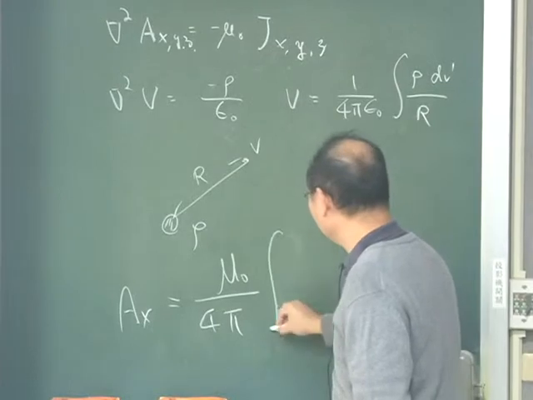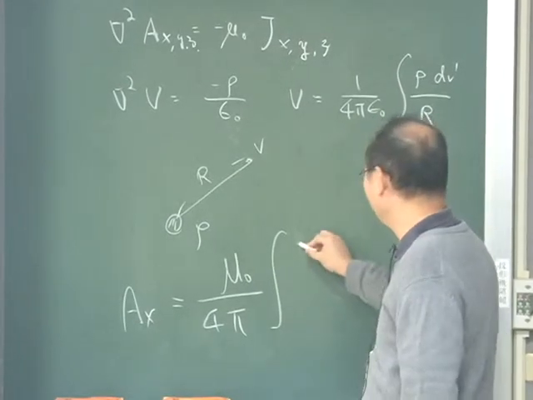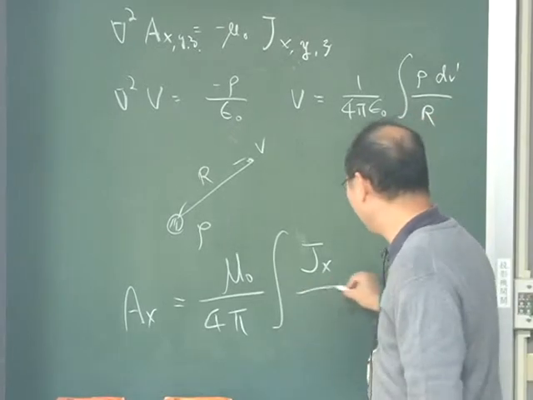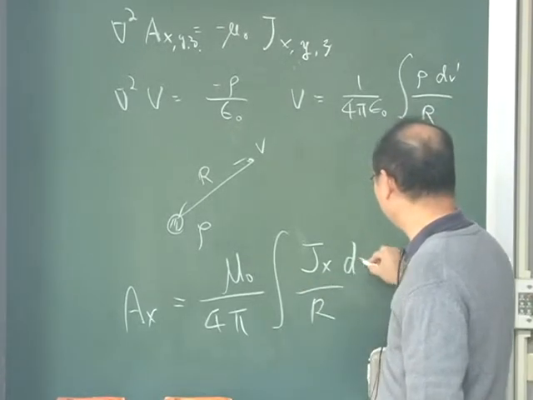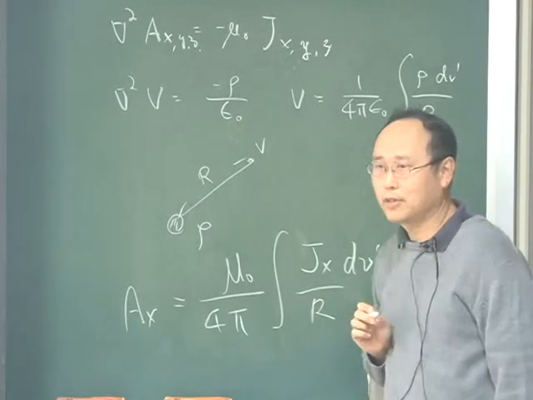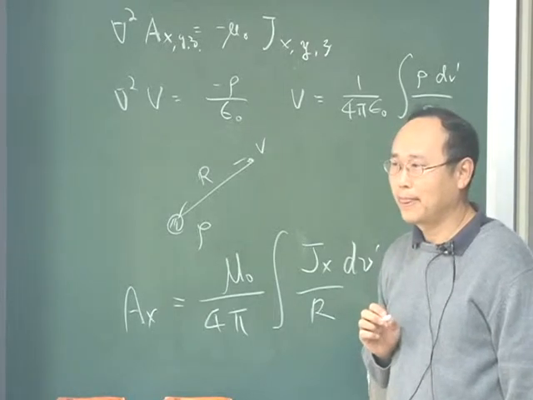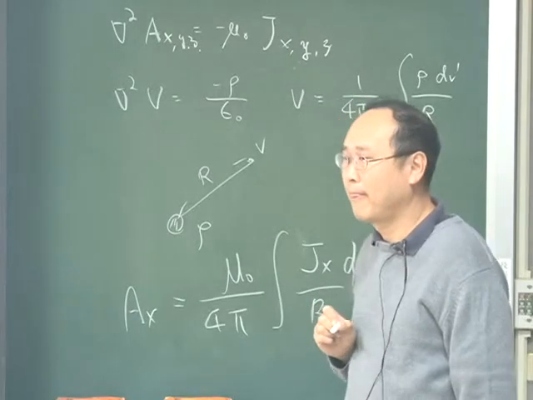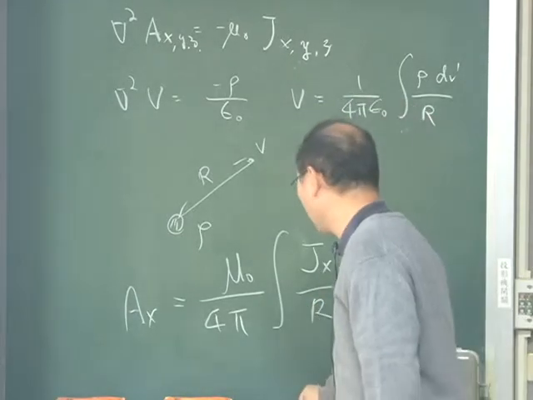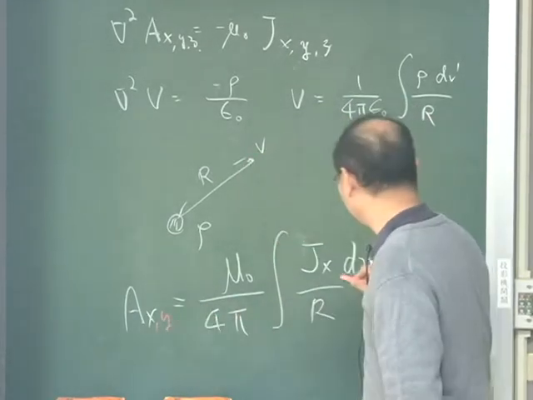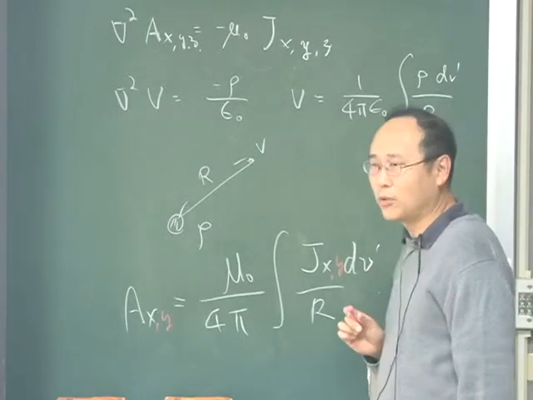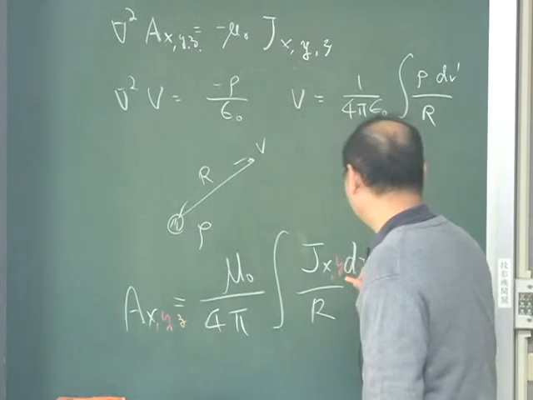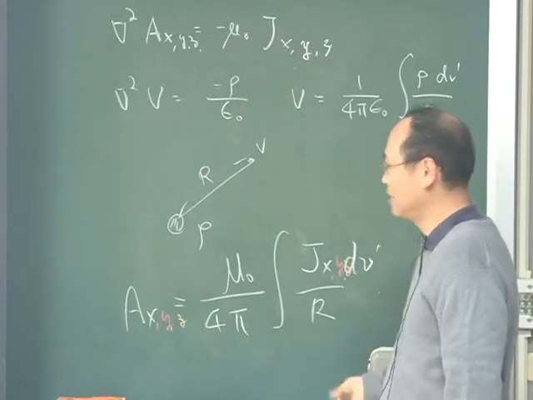And then you do the same integration. You have Jx component of the current density over R, and then integrate over the volume of your source. Right? 你如果会写这个的话，这个就写得出来。那 if you want to do y direction, you just choose y direction. If you want to do z direction, then you choose z direction.